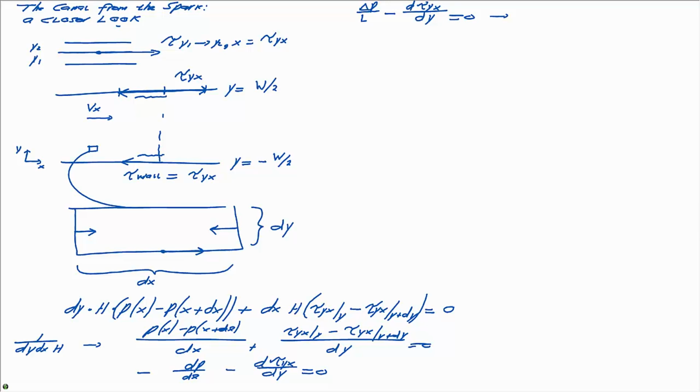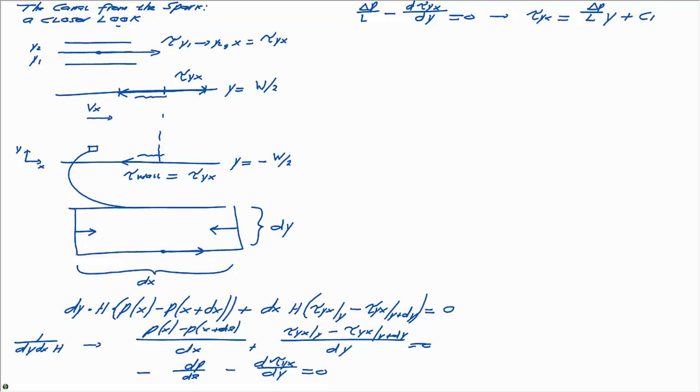And you can solve this. So then we have tau yx is delta p divided by L times y. And don't forget the integration constant, C1 in this case.